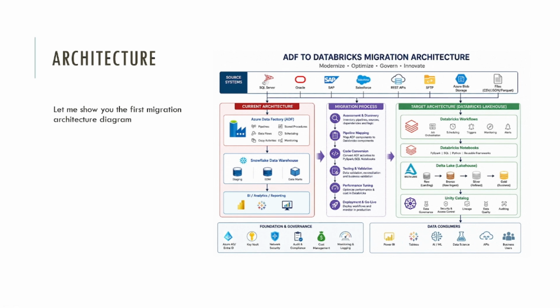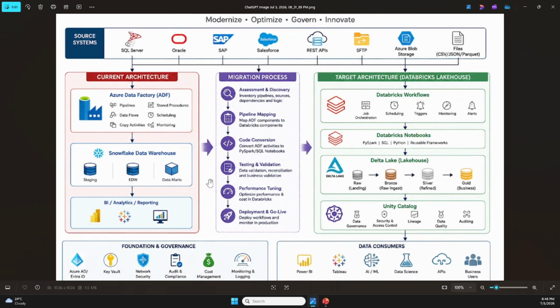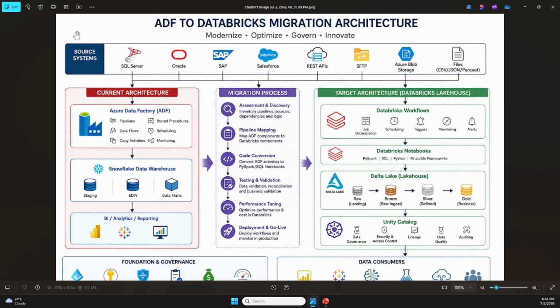Let me show you the architecture in the bigger picture so you can see it in a better way. Yeah, this is the one. Suppose you have an Azure Data Factory which has the following source systems: SQL Server, Oracle, SAP, Salesforce, REST API, Azure Blob Storage, and flat files.